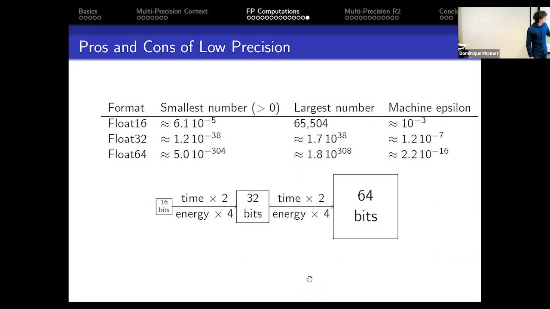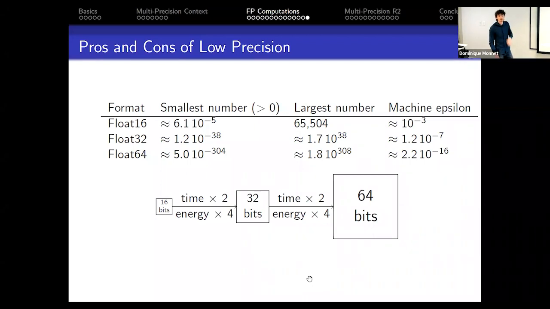And the idea is that if you switch between precisions, 16-bit, 32, 64 bits, you basically multiply the computation time by 2 and the energy by 4. Okay, so the energy consumption is basically based on the area of the chip, which is multiplied by 4 if you increase by 2 the number of bits. So that's a rule of thumb.